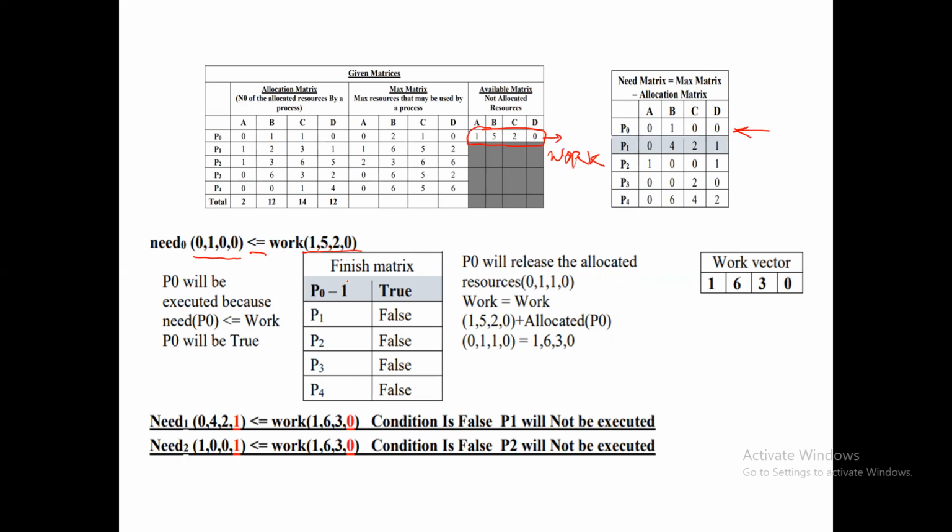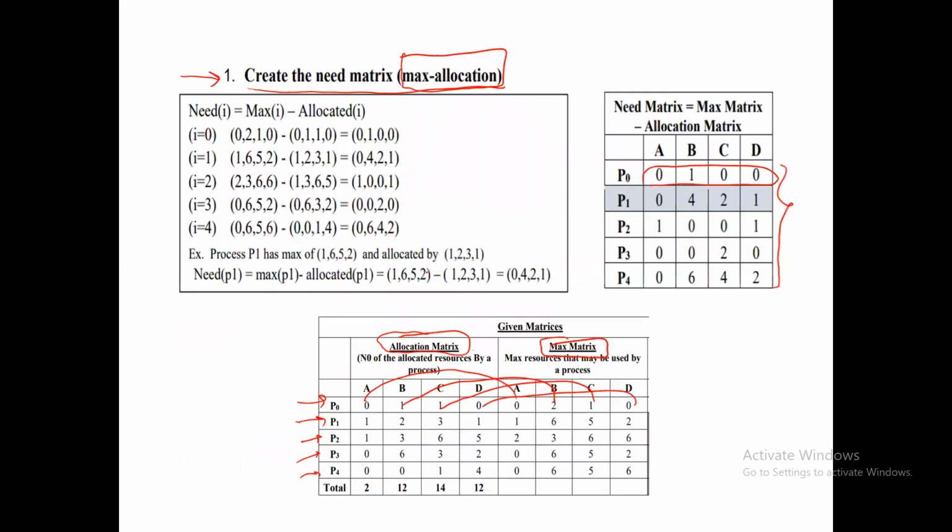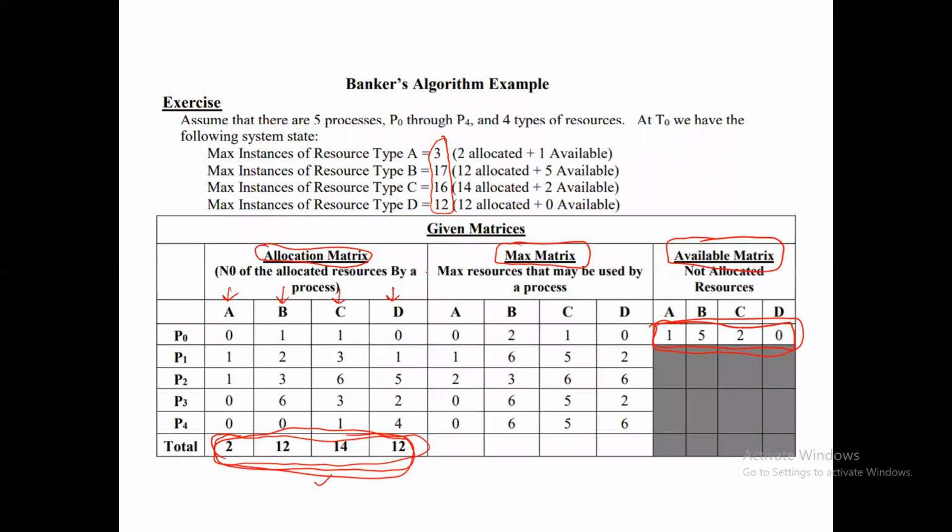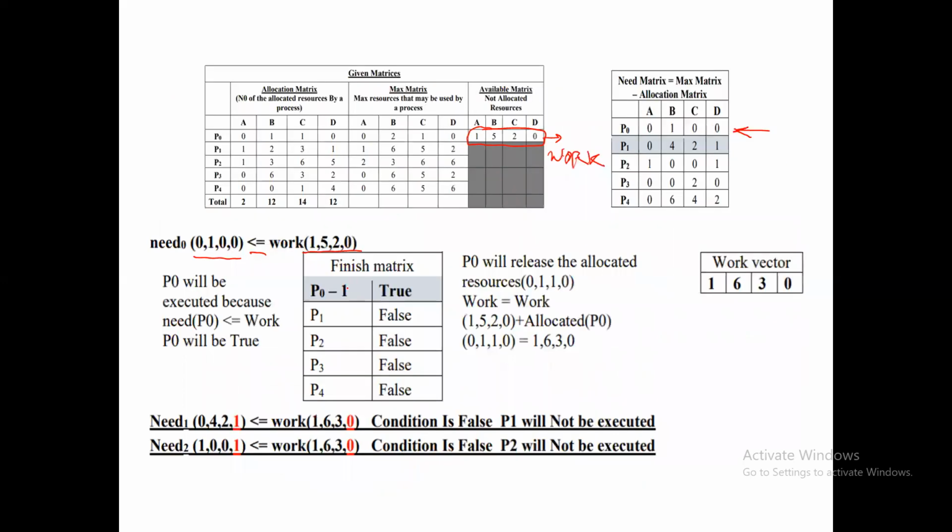Because it is less than this, we will say that initially P0 was not completed, but now it will be able to complete, so we will alter the finish matrix to true for P0. But how do we do that? We will recalculate the work, assuming this 1520 will now change, because 0, 1, 0, 0 is the requirement for P0.